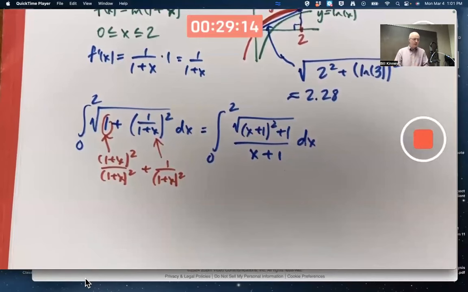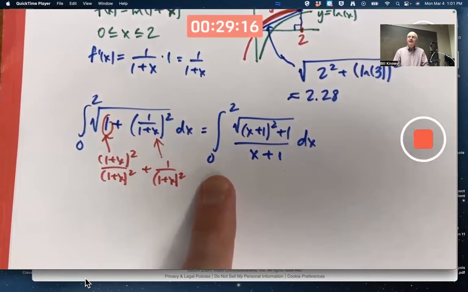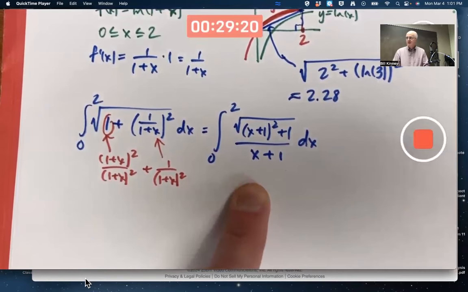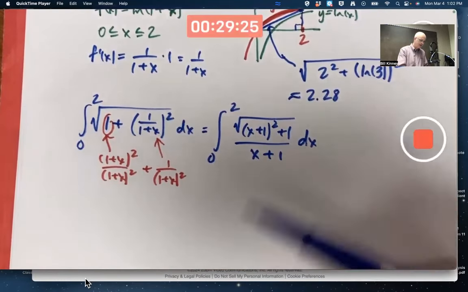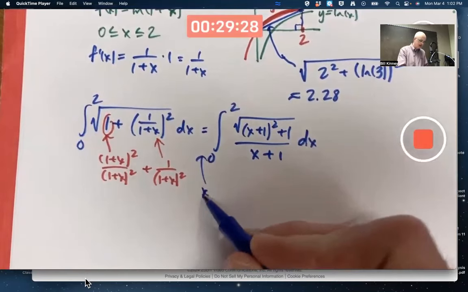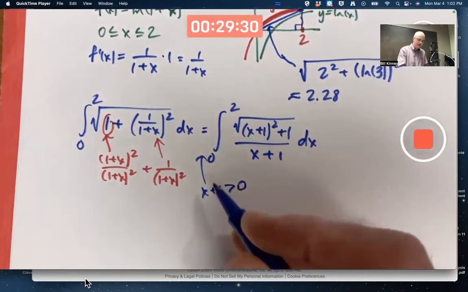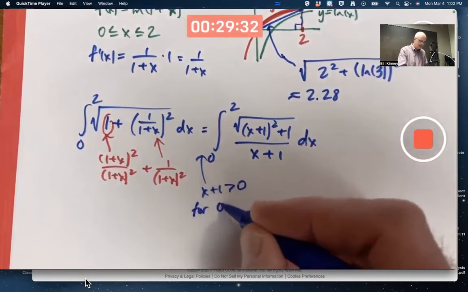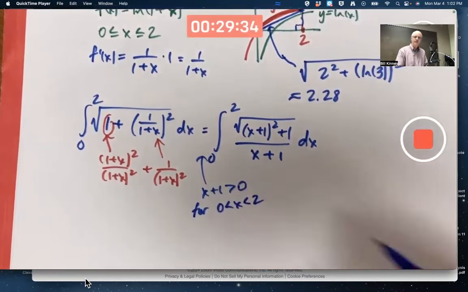It's a definite integral. We really should check that. It's because x is between 0 and 2, so that x plus 1 is between 1 and 3. Definitely positive. X plus 1 is positive for x between 0 and 2.